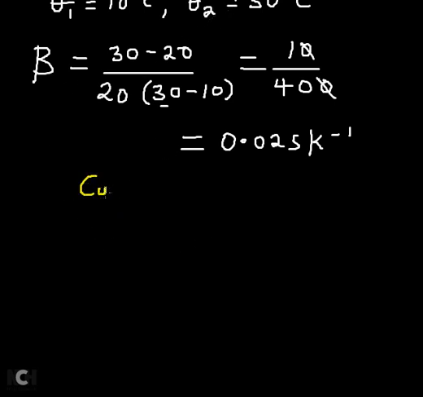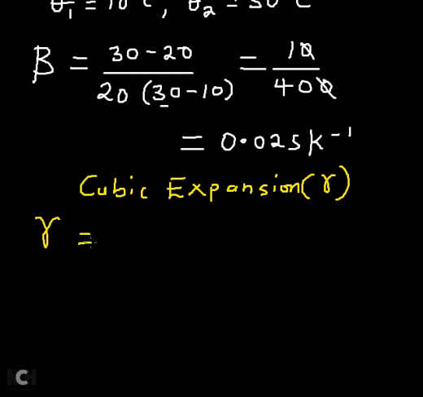We proceed to cubic expansion. You know that cubic expansion is the expansion in volume. We express it as the coefficient of cubic expansivity, which is given by the symbol gamma. The coefficient of cubic expansivity, gamma, is equal to the change in volume per unit volume, per unit rise in temperature.